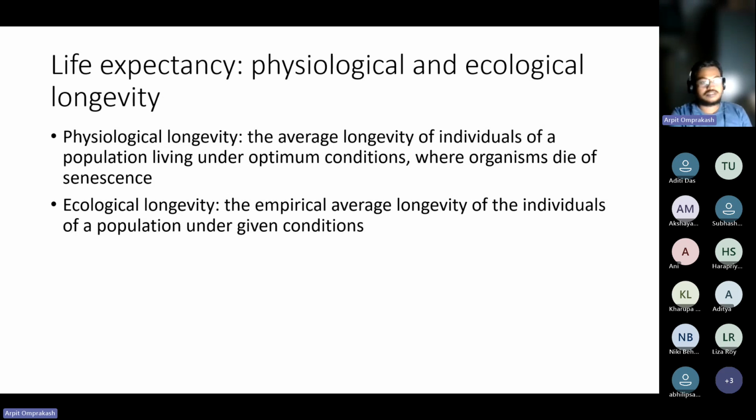So there is no predation, no disease, nothing else. So individuals are living under optimum conditions and living out their life, dying only after they get old. Okay. So this is known as physiological longevity, the age that you calculate that way. Ecological longevity is basically the empirical or observed age that you get from individuals that belong to a population and are living under certain given conditions.